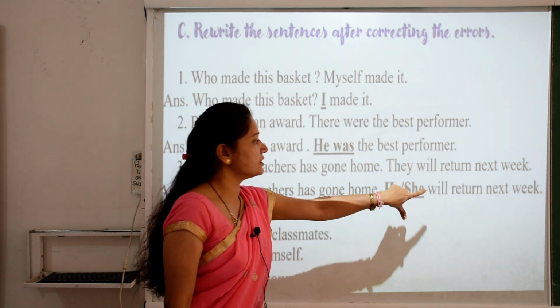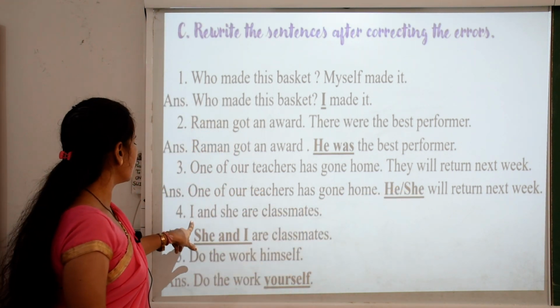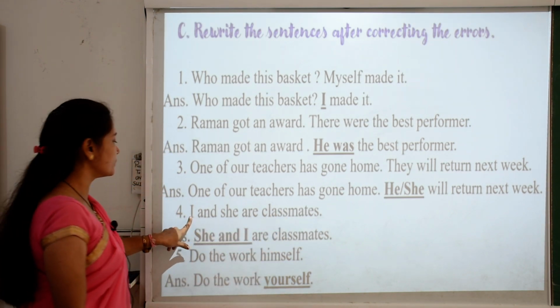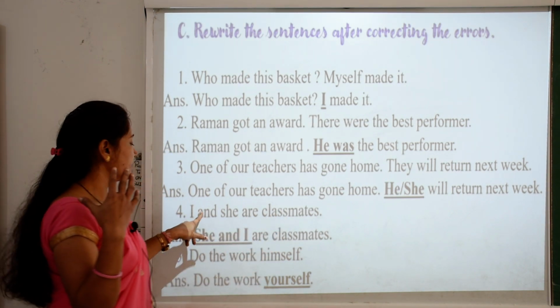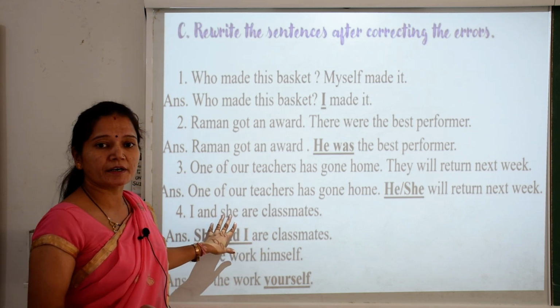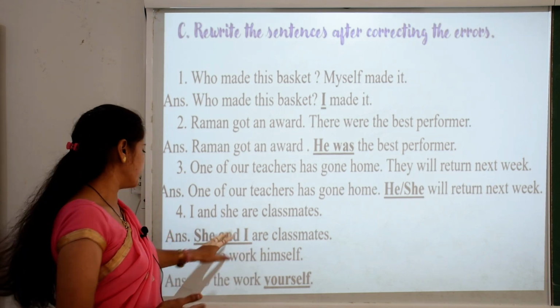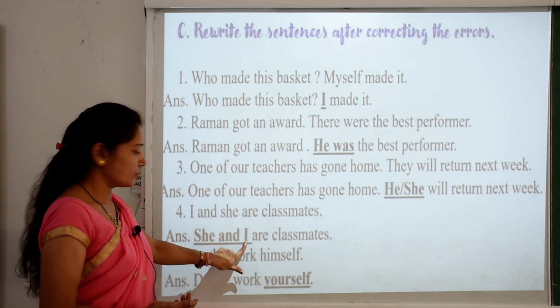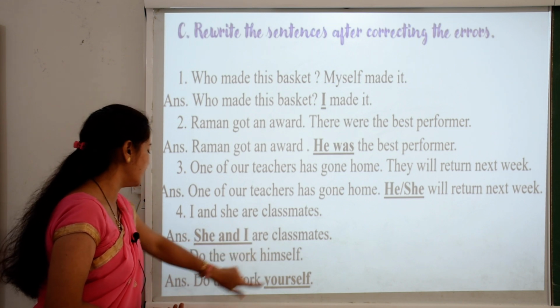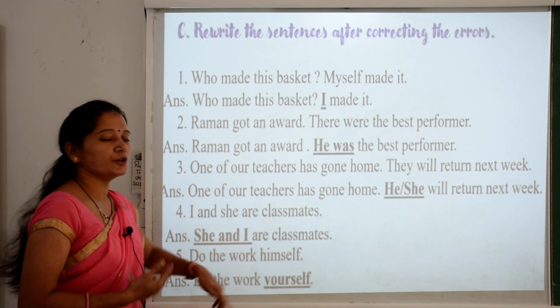He or she will return next week. Now the next is, I and she are classmates. Students, please keep this in your mind: I never comes first. If there is a sentence with many pronouns, I never comes first. So, she and I are classmates. Now the next sentence is, do the work himself. No, do the work yourself.